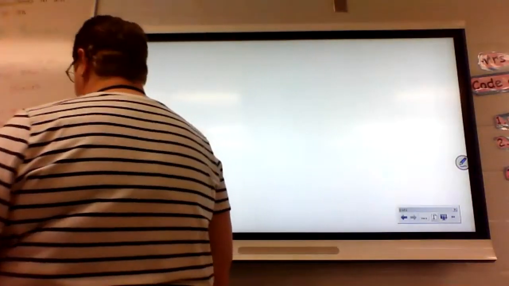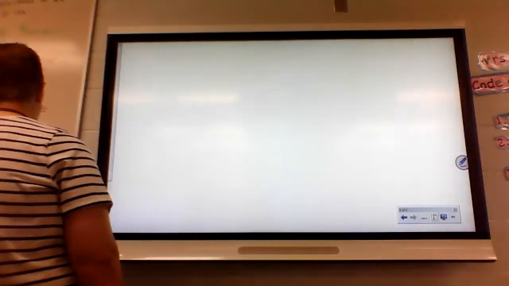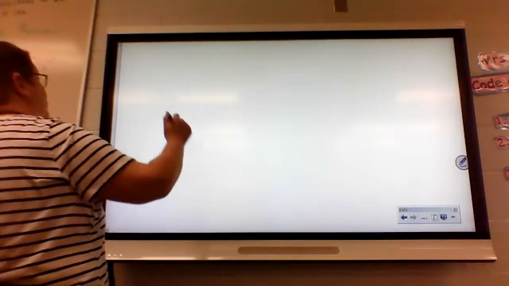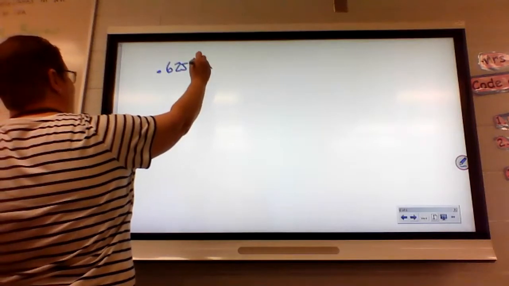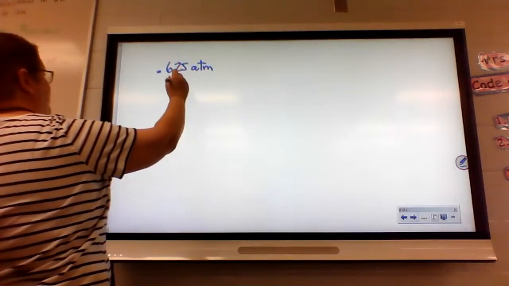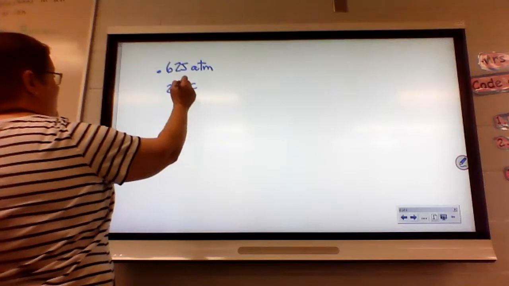All right, number 14 says, to what temperature must a sample of nitrogen at 27 and 0.625 ATM. See how it says 0.625 ATM and 27? Those two have to stay together.